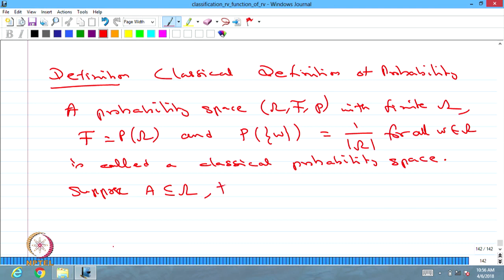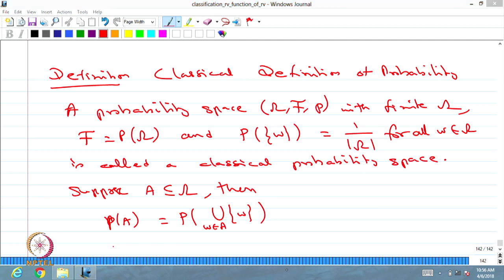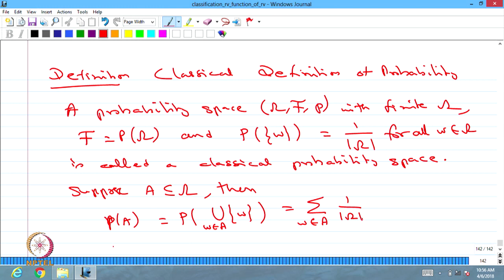Then P of A is P of a union of singleton samples w belonging to the event A, that is the summation over w belonging to A of 1 divided by cardinality of omega, which is the same as cardinality of A divided by cardinality of omega.